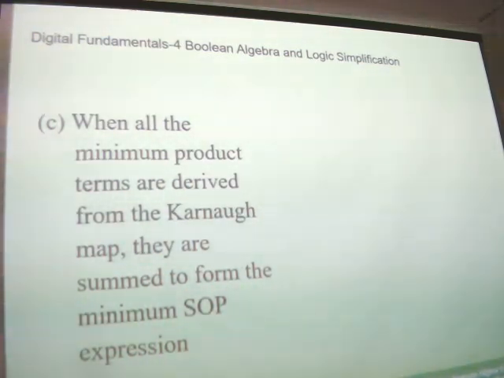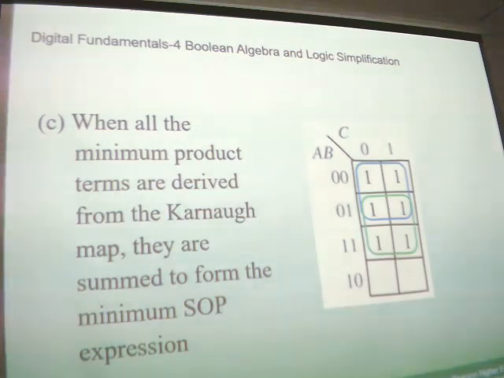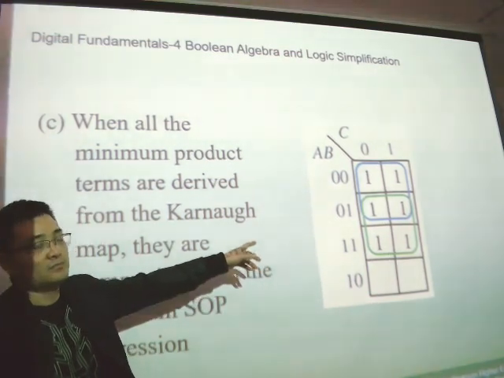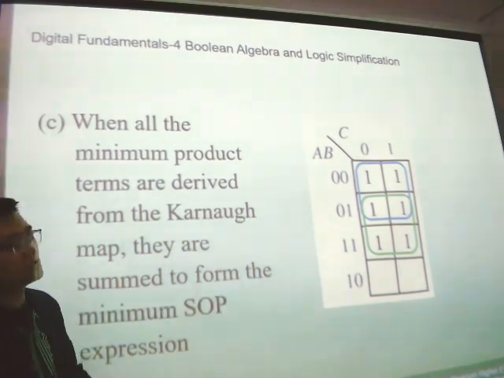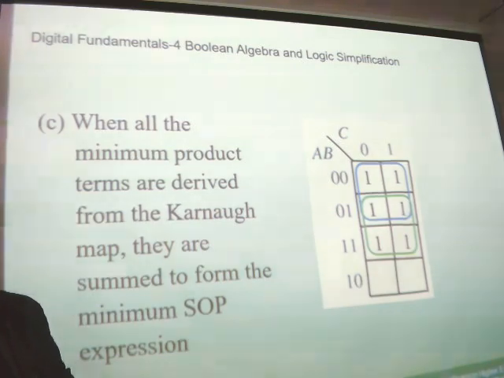When all the minimum product terms are derived from the Karnaugh, they are summed to form the minimum SOP expression. For example, for this Karnaugh, there are two groups. Each group contains 4 ones.